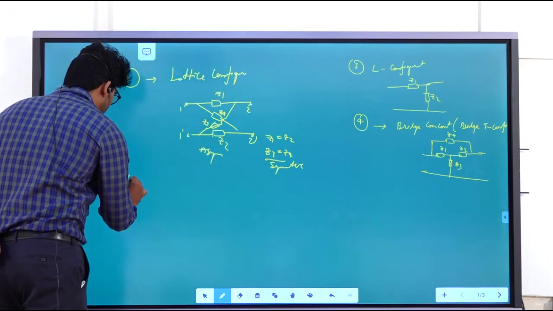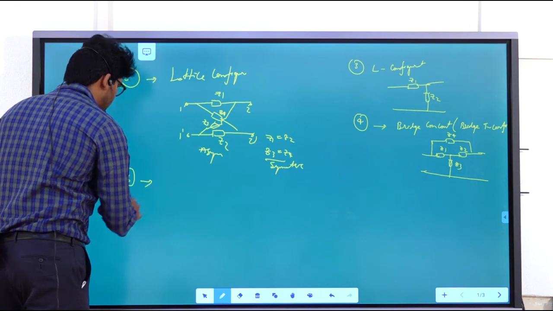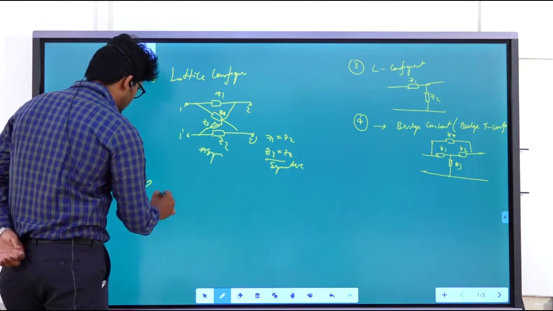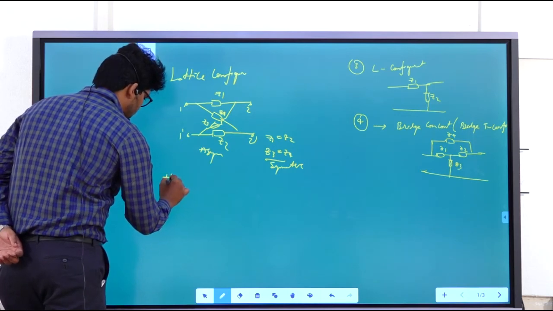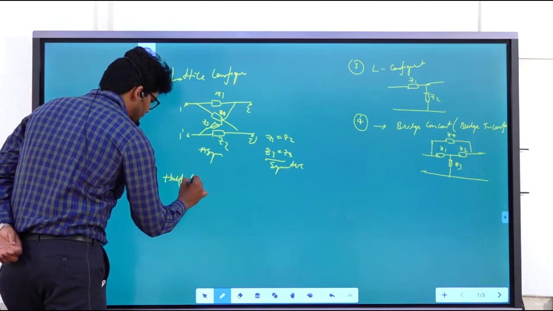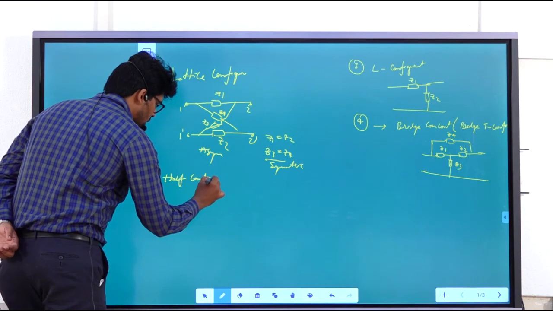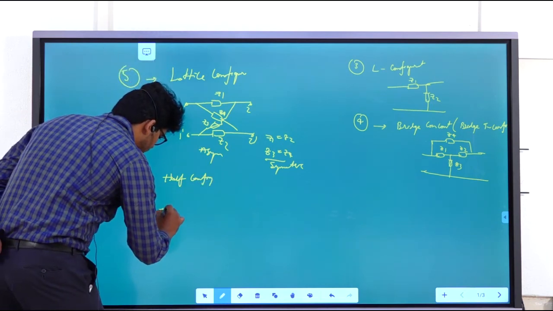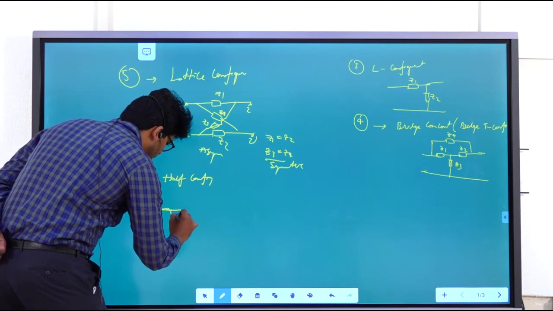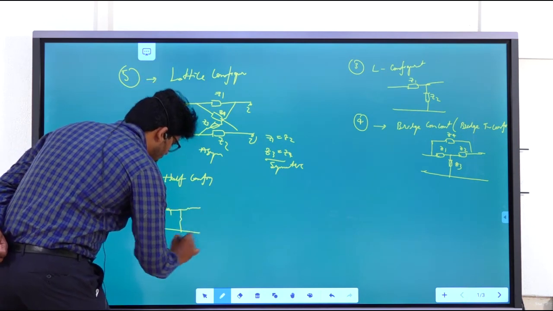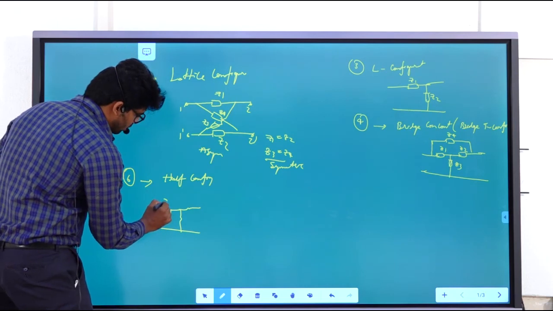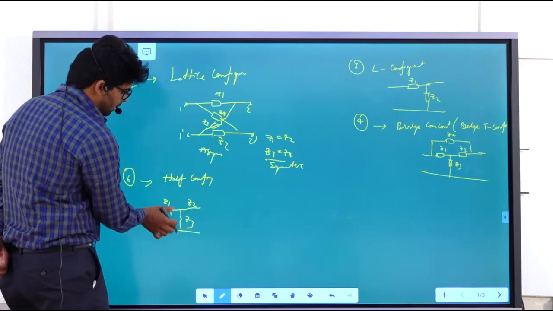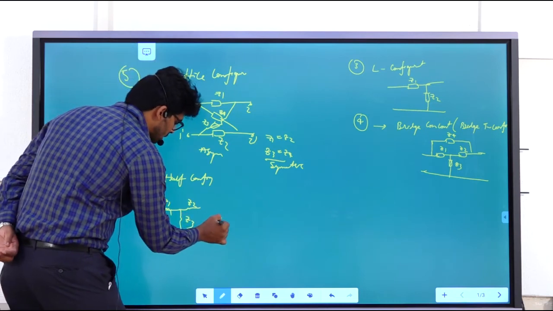We have another configuration, the sixth configuration, the half configuration. What is this half configuration? For a T circuit, for example, if this is Z1, Z2 and Z3, it can be written in half form like this.